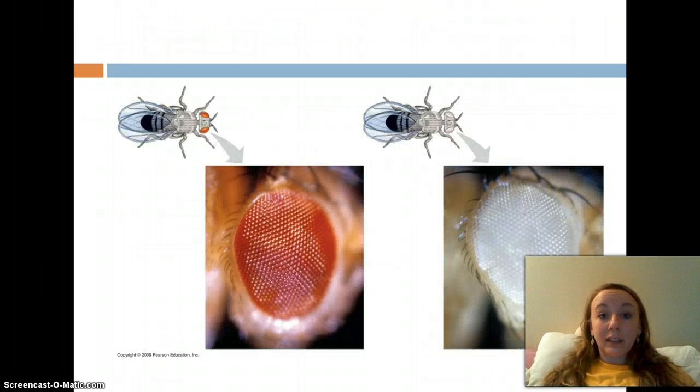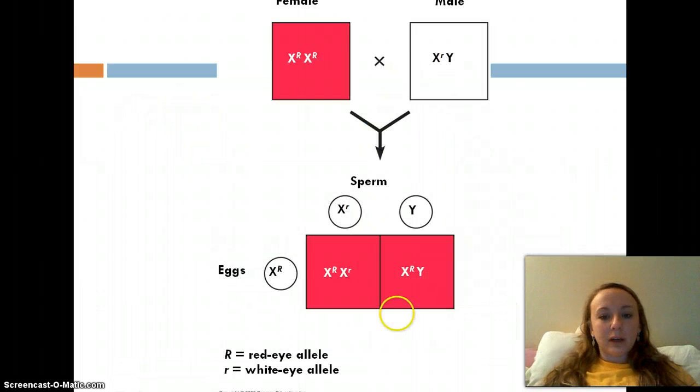So this is seen in fruit flies. Having a red or white eye is a sex-linked trait. Let's take a look at it really quickly. The female and the male mate, and here's the possible sperm here, and then the offspring. Here the red-eyed allele is capital R, and the white-eyed allele is lowercase r.